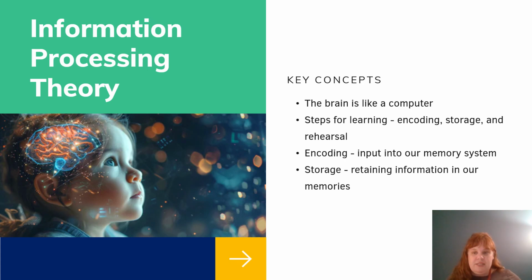We have different steps our brain uses: encoding, storage, and rehearsal. Encoding is where we input the information into our memory system, into our brain. Then storage is retaining the information in our brain. And then retrieval, or rehearsal and retrieval, is using the information.